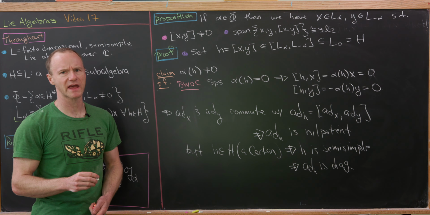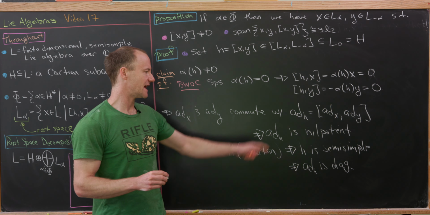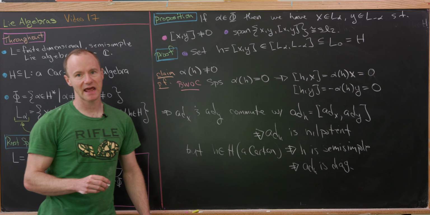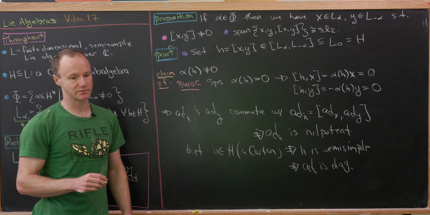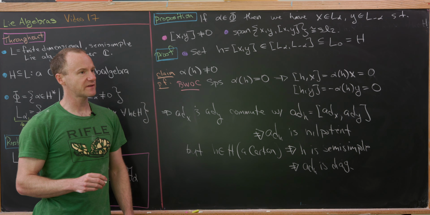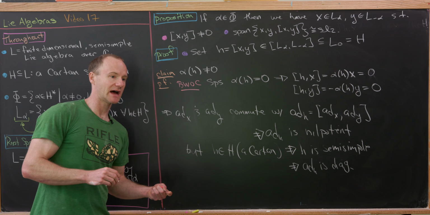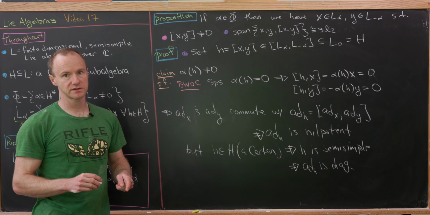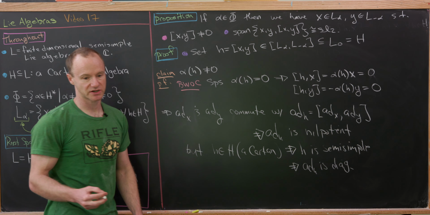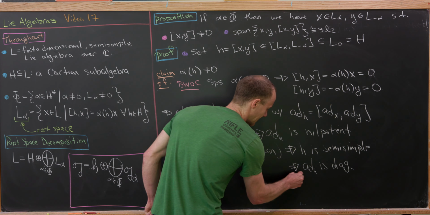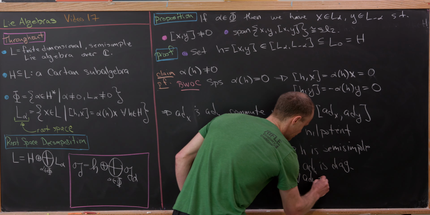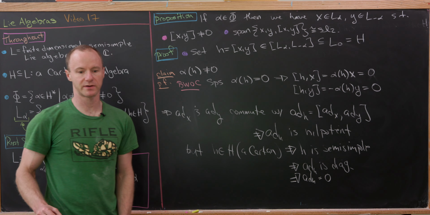Okay, so let's see what we have here. We have ad h is nilpotent and ad h is diagonalizable. But the only thing that's diagonalizable and nilpotent is the zero matrix. But that tells us that we have ad h is, well, the zero map.